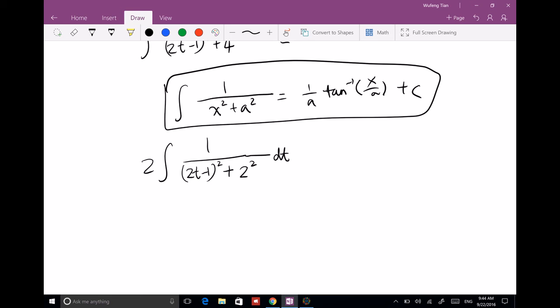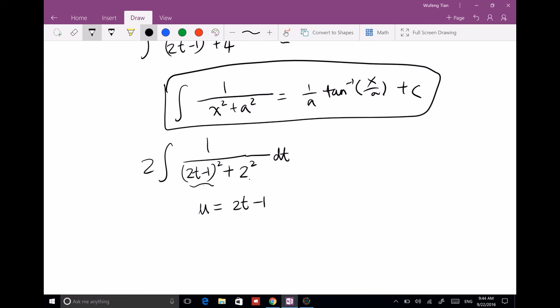Compare this one with this one, compare these two: x squared, a squared, this one squared, right? It's better for us to do a little bit of substitution. It will be much better. What do you think? I can do u equals 2t minus 1. Then this is going to be u, right?